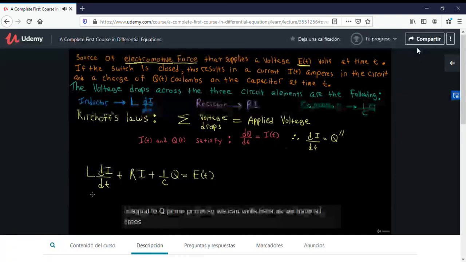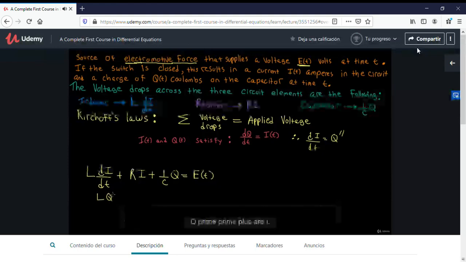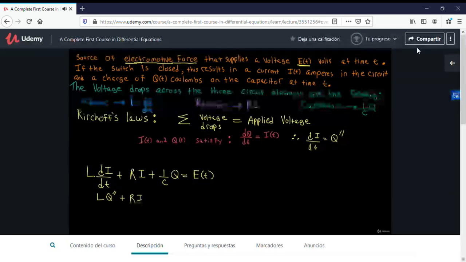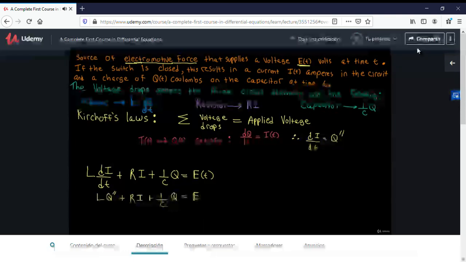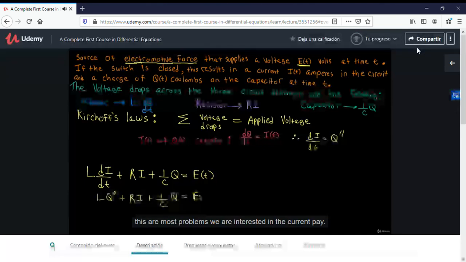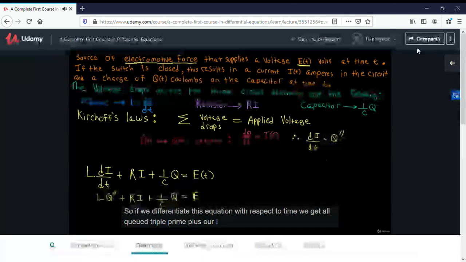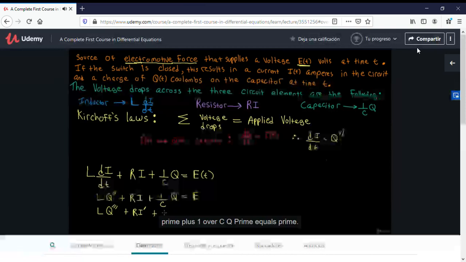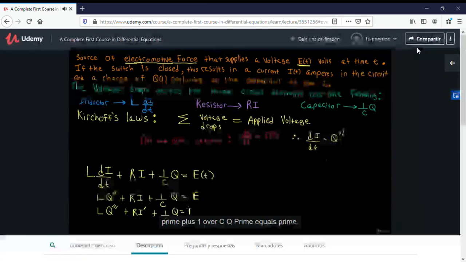So what we can write here is L times Q double prime plus R I plus 1 over C Q is equal to E. Okay, so in most problems, we are interested in the current, I. So if we differentiate this equation with respect to time, we get L Q triple prime plus R I prime plus 1 over C Q prime equals E prime.